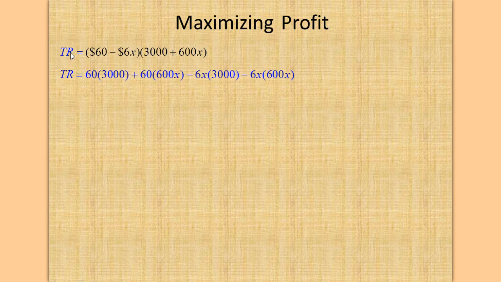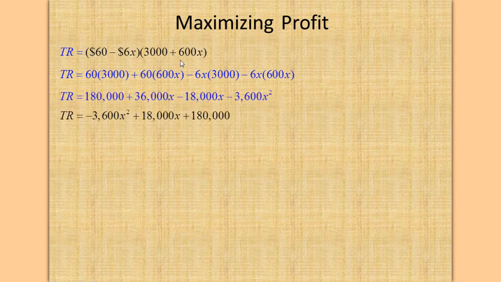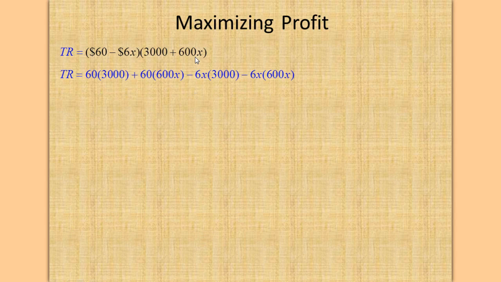Let's take our total revenue equation and do the multiplication. We have first term, second term, first term, second term. So we go first times first, first times second, second times first, second times second. So 60 times 3,000, plus 60 times 600x, minus 6x times 3,000, minus 6x times 600x.